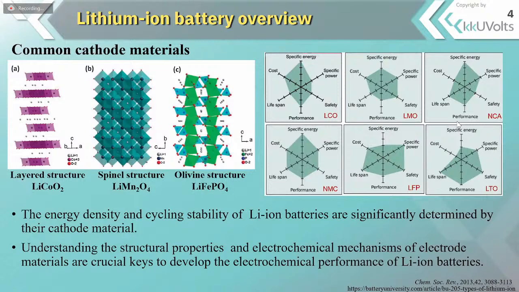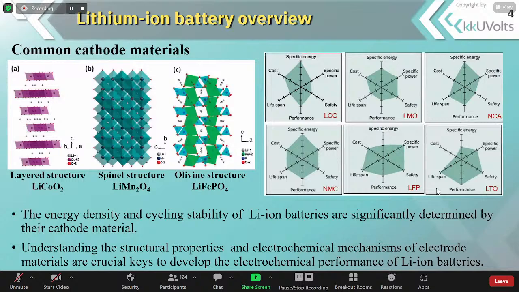Therefore, understanding the structural property and electrochemical mechanism is a crucial key to develop the performance of lithium-ion batteries. So X-ray absorption spectroscopy is a useful technique to study cathode and anode material for lithium-ion batteries.